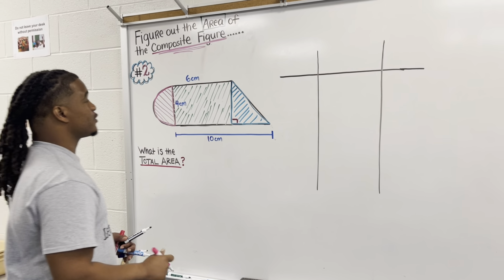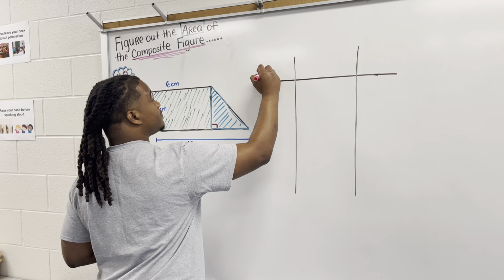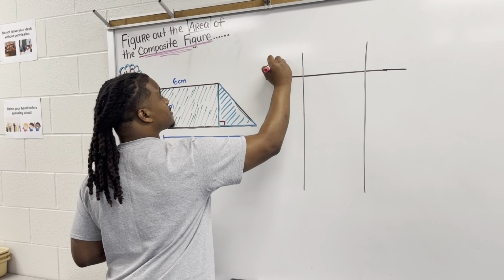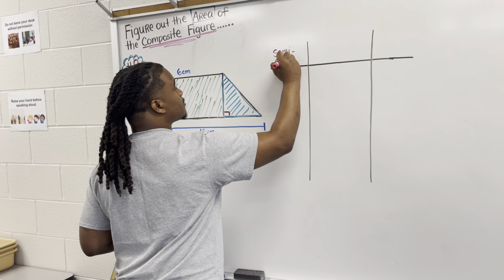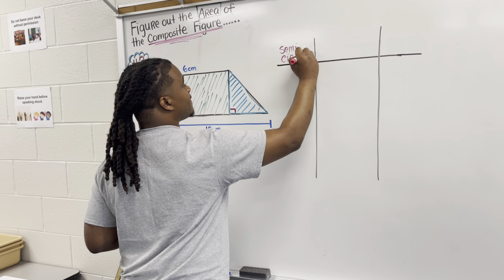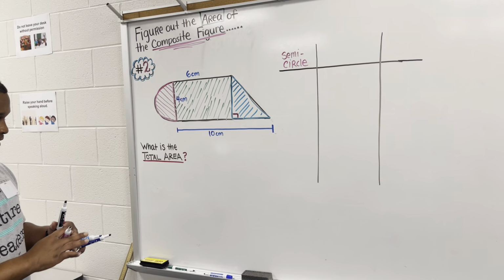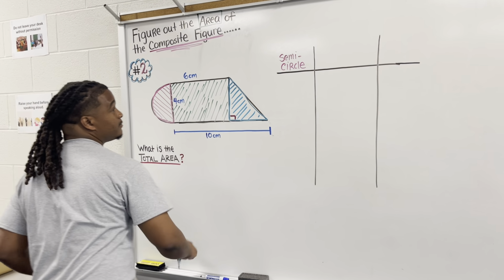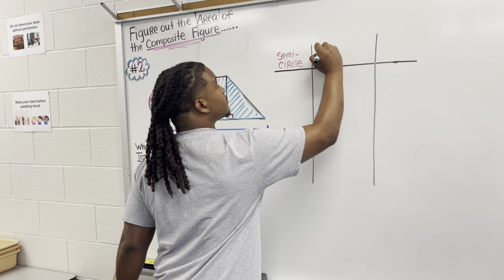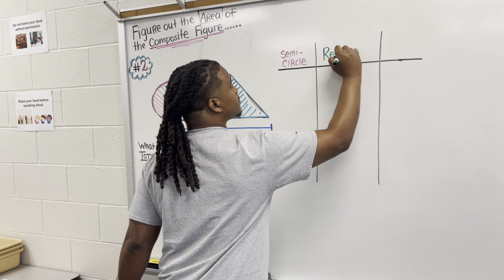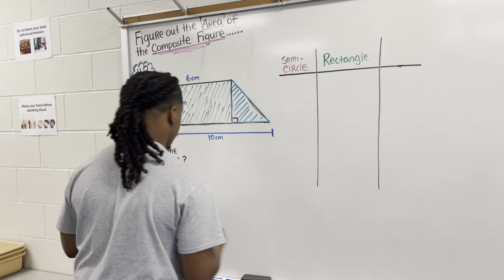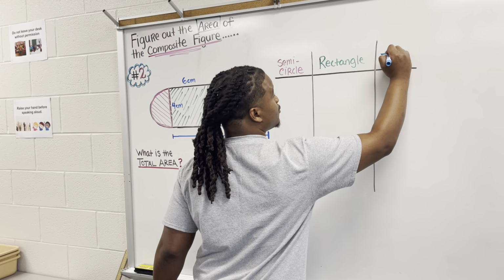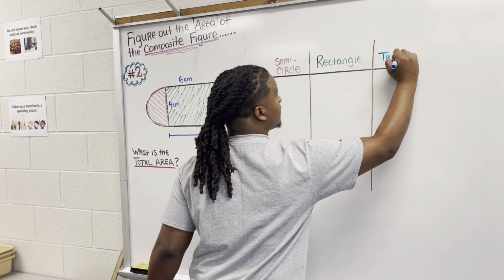So the first part is a semicircle or half circle. The next part is a rectangle. And then the last portion of the composite figure is a right triangle, or you can just put triangle.